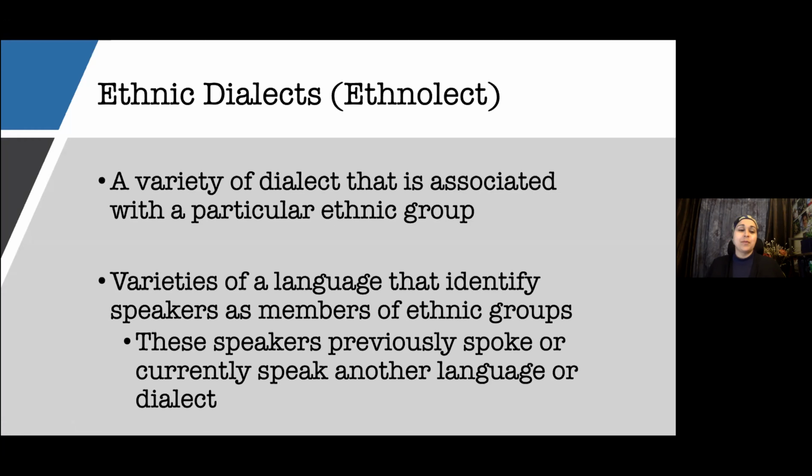So you can tell, like I said before, my Egyptian Arabic is a little off, so I tend to sound like I might come from Saudi Arabia, a little different. These speakers previously spoke another language sometimes, and then that influence comes into their English or what they're currently speaking.